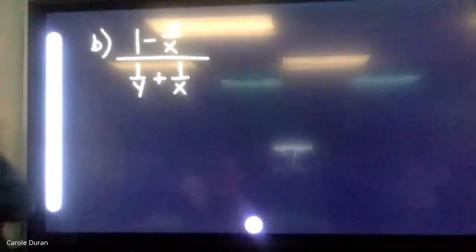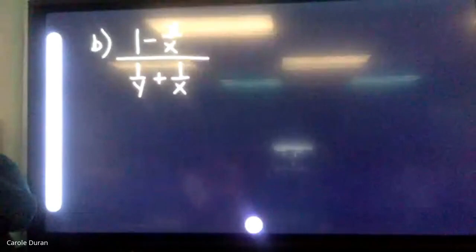Miranda, where are we going to start? You don't know. Okay, so when we have a fraction over a fraction, we treat the top and bottom independently. So if I'm just looking at 1 minus y over x, what's the only way I can simplify that? Make it an x over x.